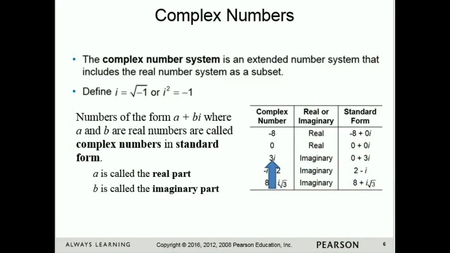In the case where we have 3i, the numbers we've kind of worked with so far, the real part is 0, so we have 0 plus 3i. Here we have another imaginary number, and notice that it is represented in this way. The real part is 2, and the imaginary part is -1. And then here, a little more complex representation of an imaginary number.